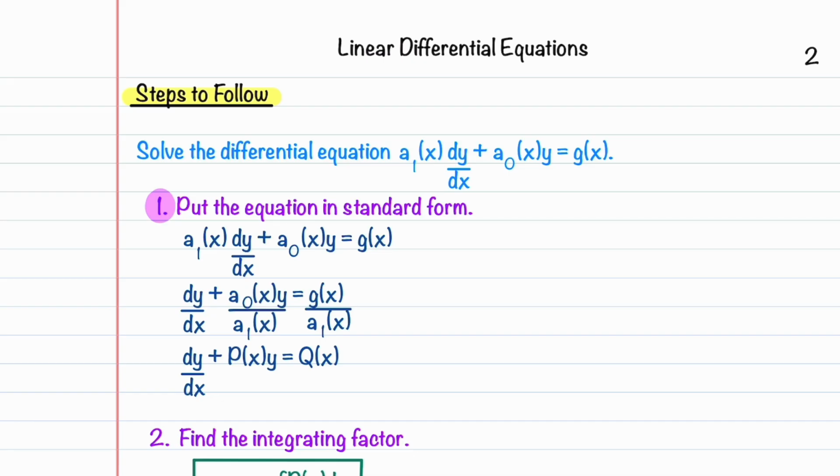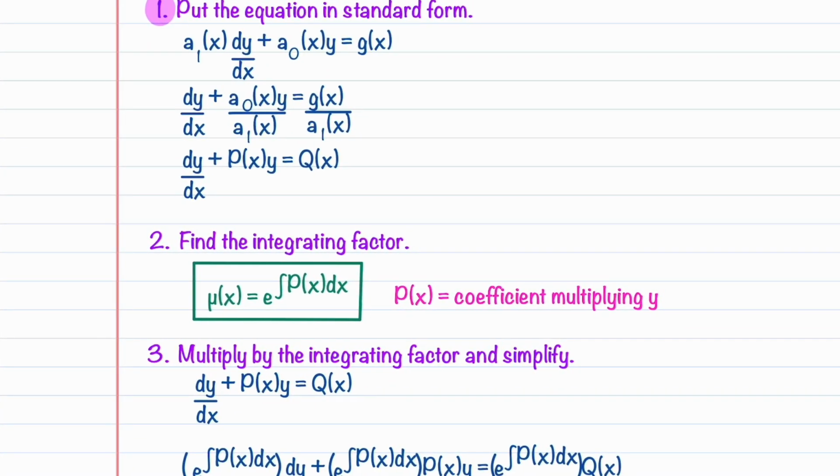Since we just went over this, we're going to go ahead and jump to step 2. Step 2 is where you find the integrating factor. The integrating factor is called mu of x, and it's just e raised to the integral of p of x dx. P of x is just the coefficient right up here that multiplies y.